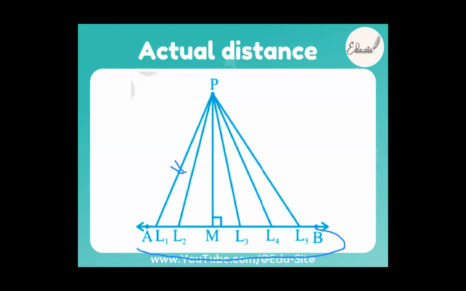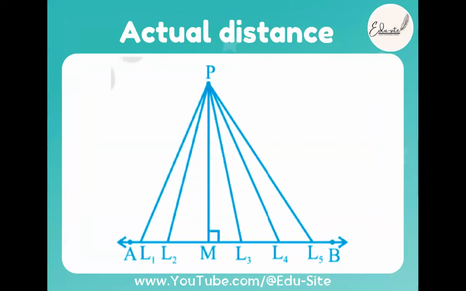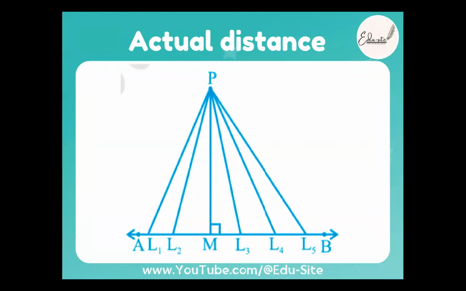Laiba, just tell me which point will you use to measure the distance of AB from point P? Will you use L1, L2, M, L3, L4, L5? Which will you use? Just tell me that. Laiba, you're not audible. Hello. Yes, am I audible now?